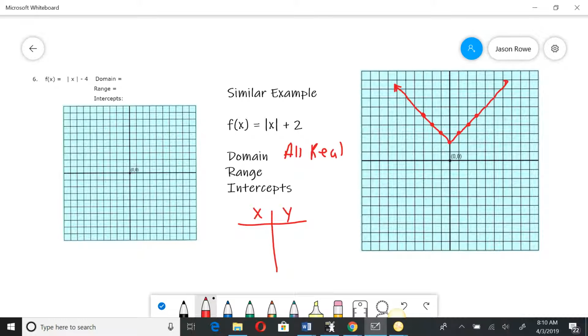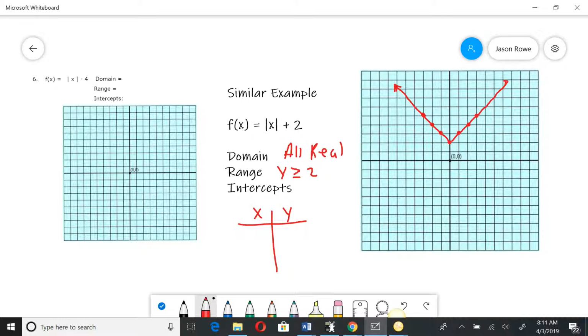All the y values are above this little vertex, for lack of a better term. That's where the absolute value changes. That y value right there is 2. So the range would be all y that's greater than or equal to 2.